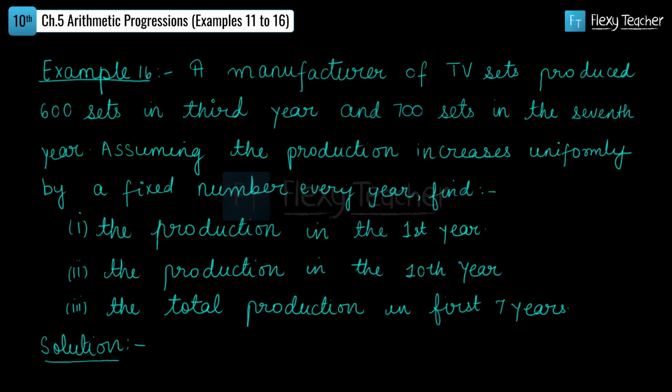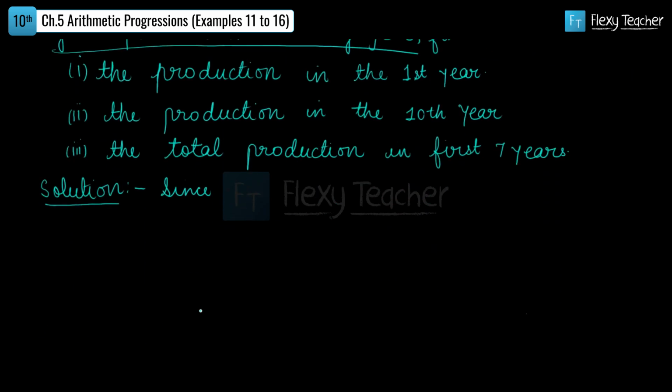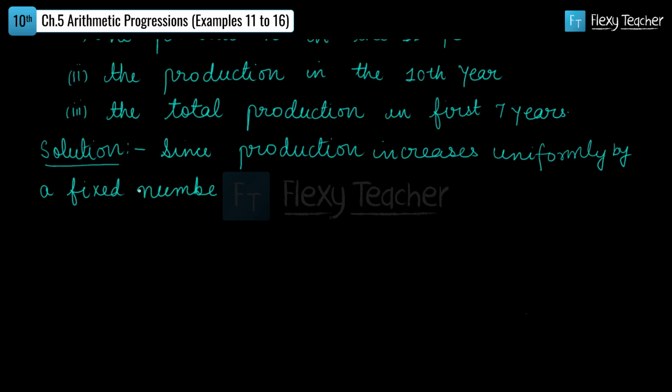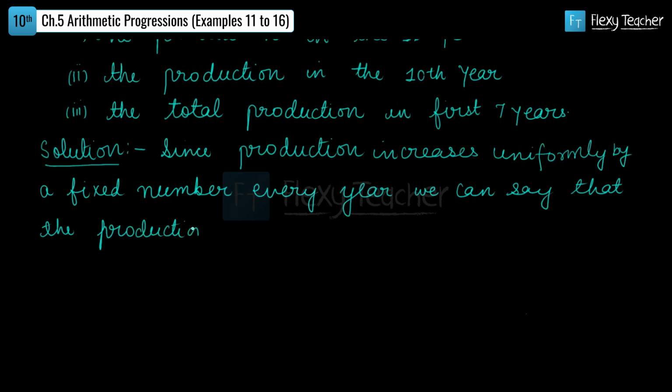Friends, here we have to note one thing. Assuming the production increases uniformly by a fixed number every year. Since production increases uniformly by a fixed number every year, we can say that the production follows arithmetic progression.